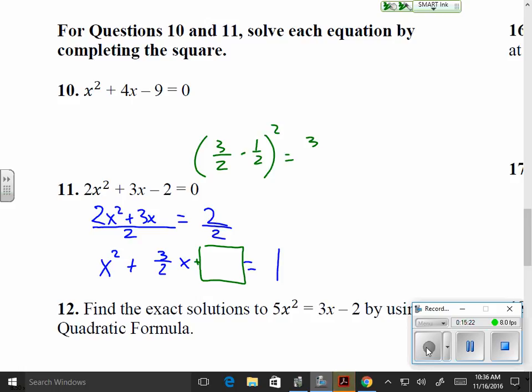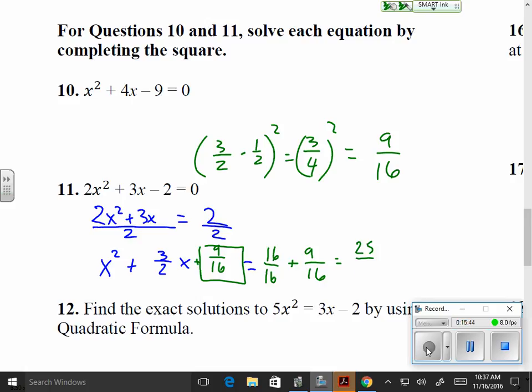So that's 3/4 squared, which is 9/16. So I need to add 9/16 to both sides. Now 1 plus 9/16, as 1 is the same as 16/16, when I add those two together I get 25/16.